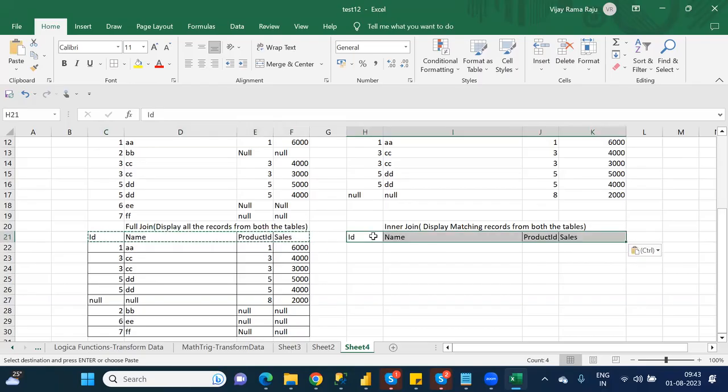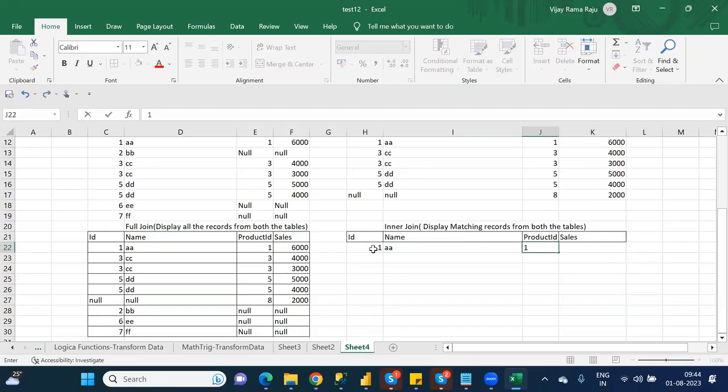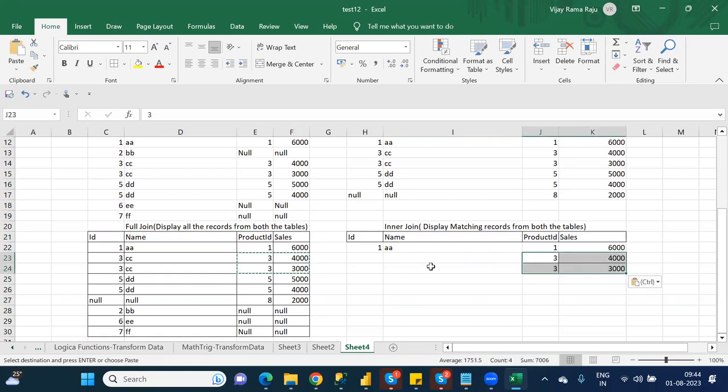What values are matching? Those you have to write here. 1 is matching in both the tables. 1 is matching in the right side table, right? So 6,000. And 3 matching, right? Here 3 CC is there, right?